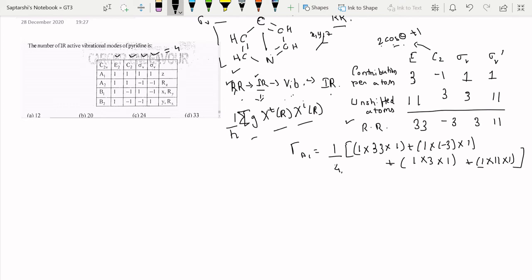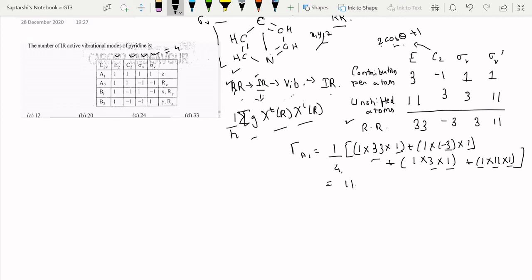And since all are occurring once, g is 1 for all, and we are just multiplying the characters of the reducible representation and the irreducible representation in all the 4 cases of E, C2, sigma V and sigma V prime. We have already done this in previous videos, so I'm not going into details, and the answer over here will be 11.